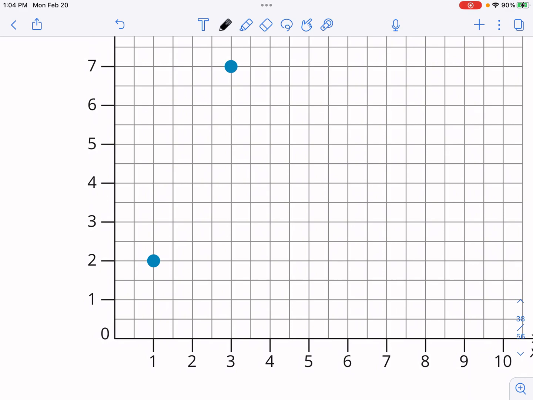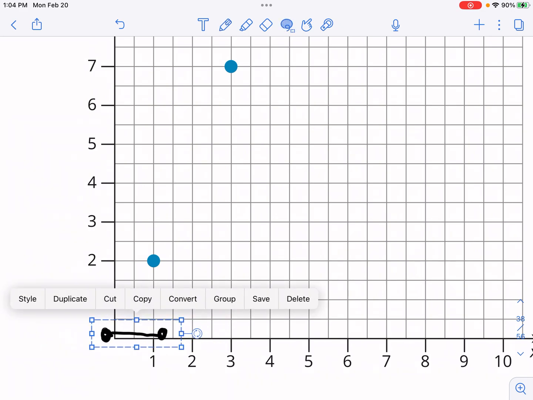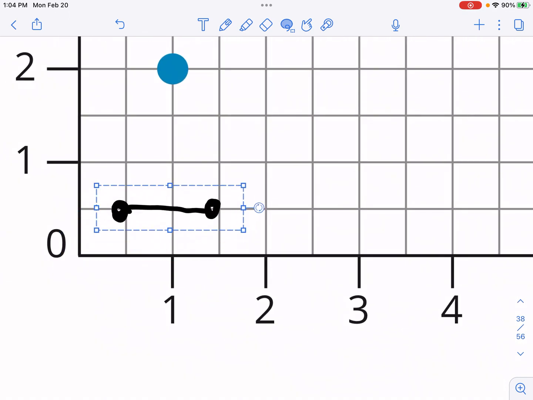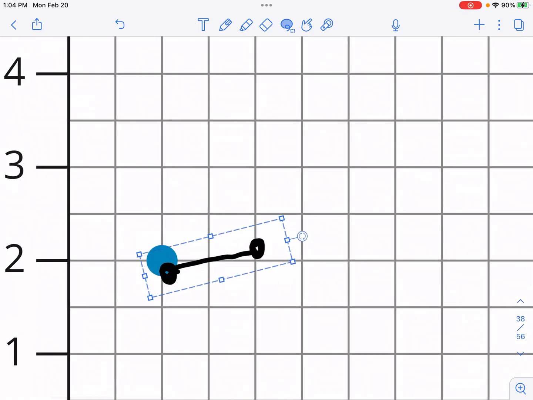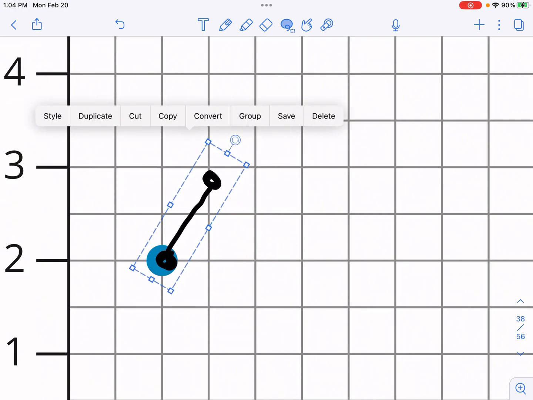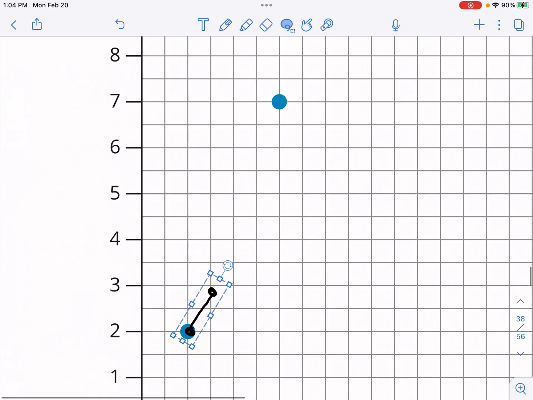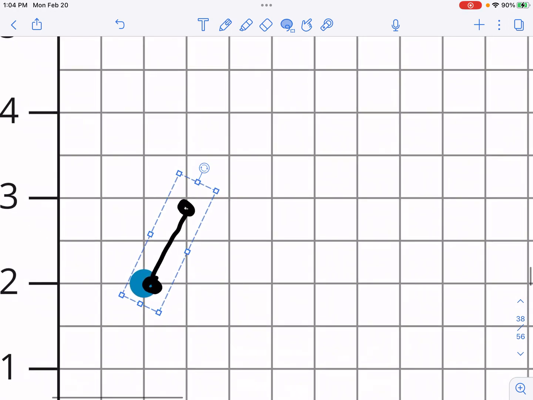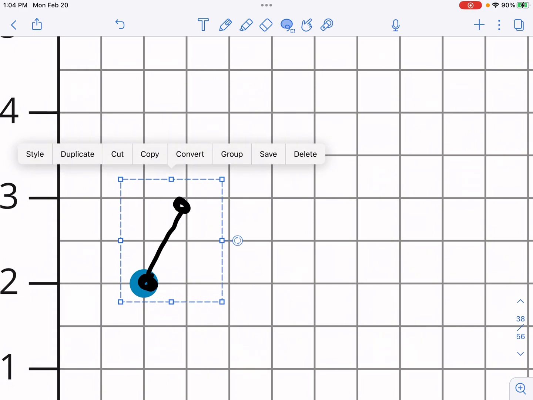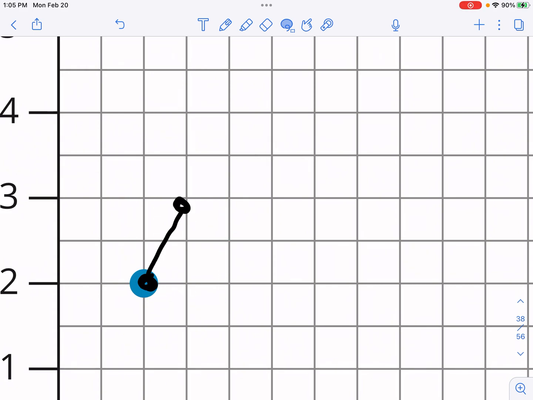If this is 1 unit, and I take that unit and line it up here, maybe rotate it, how many of these units would I have to line up and put side by side?